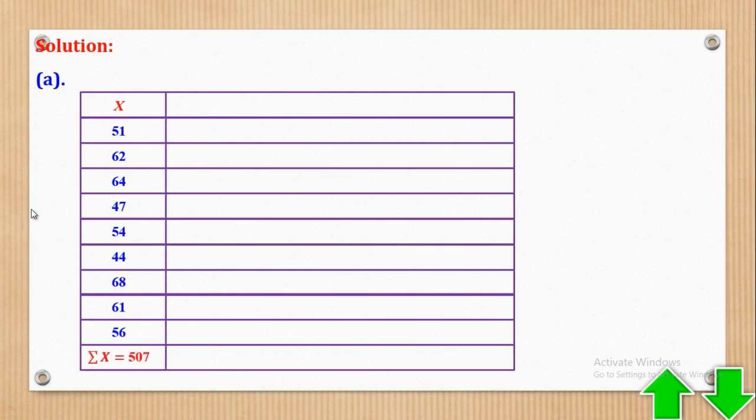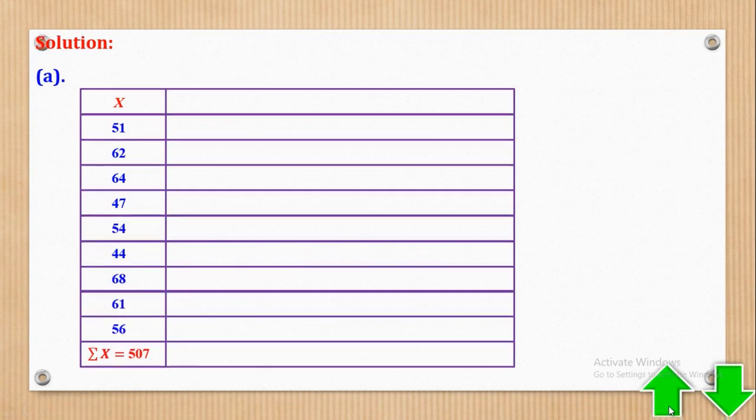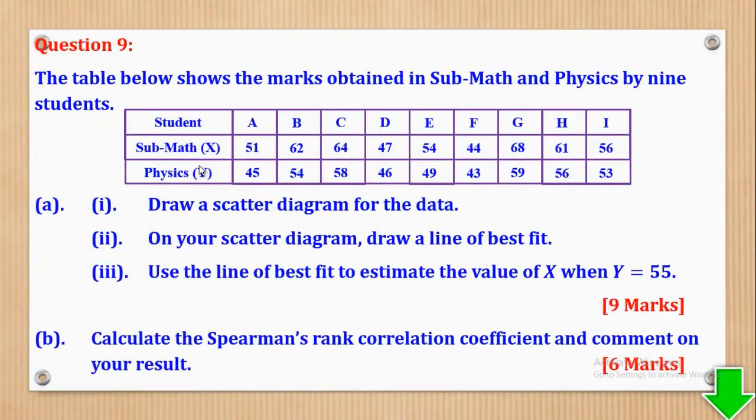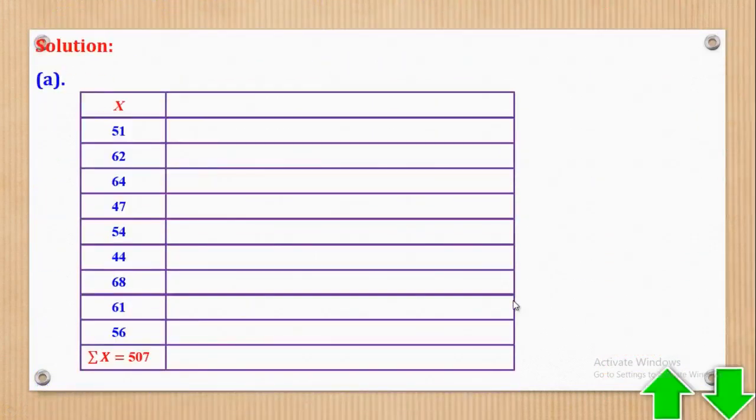So when I add all those values, I come up with 507. Then next will be values of y. We are going to list down all the values of y. Then when you add all of them, it will be 463.